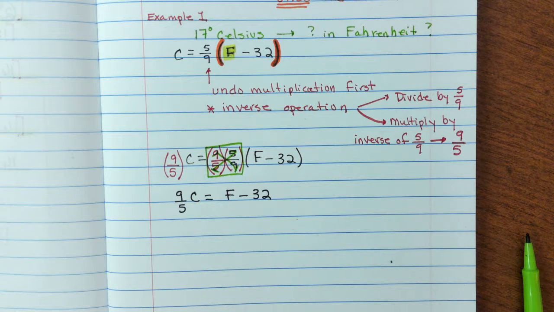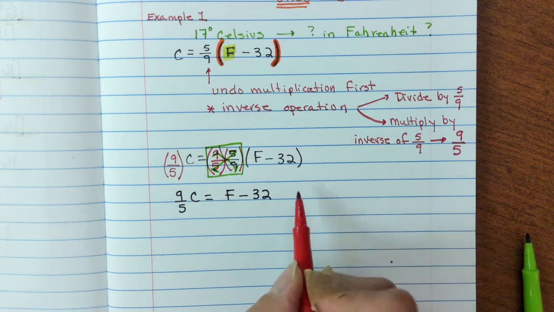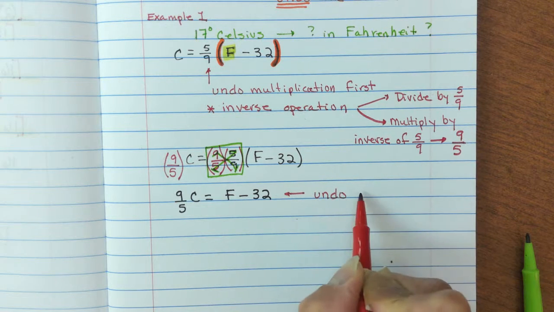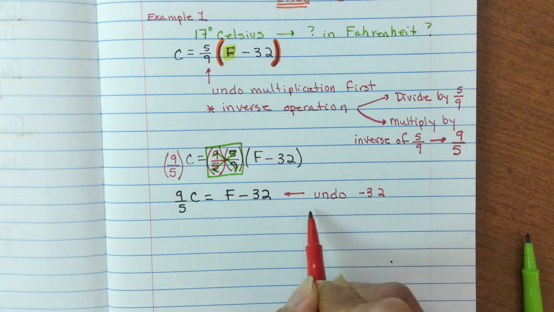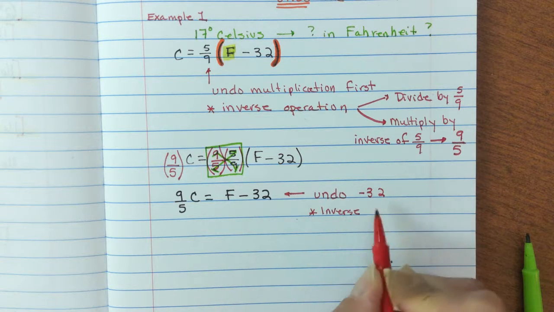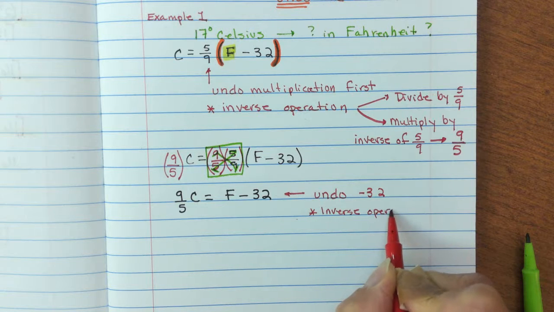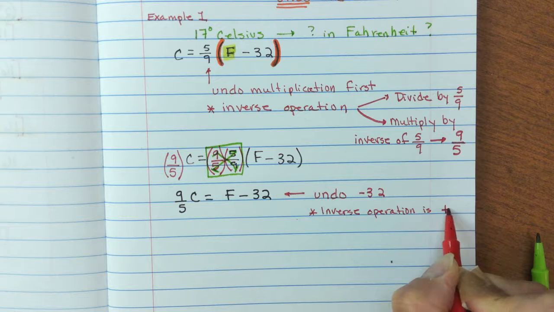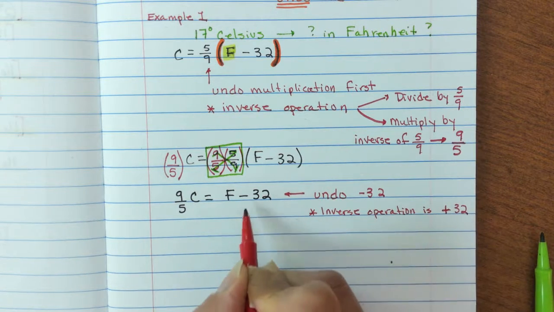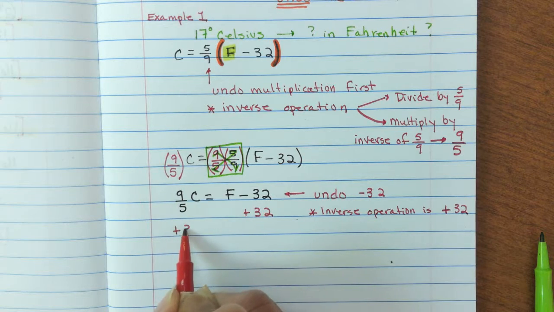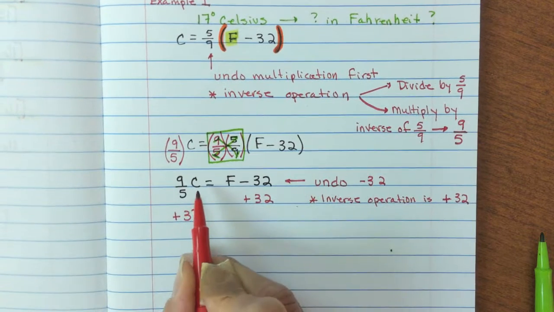So now I'm going to do the inverse. I'm going to undo negative 32. The inverse operation is adding 32, so I'm going to add 32 to both sides. Now I have to be careful here. This is a C term.